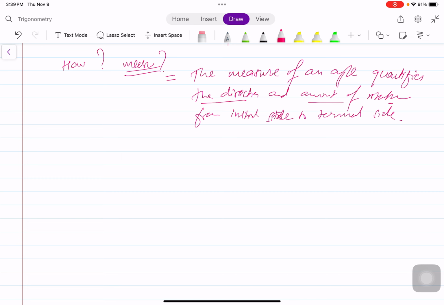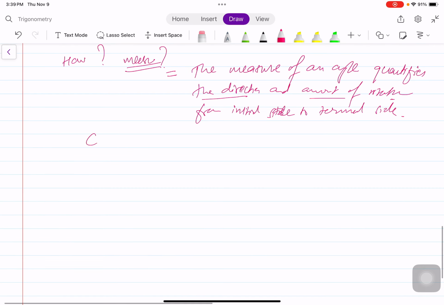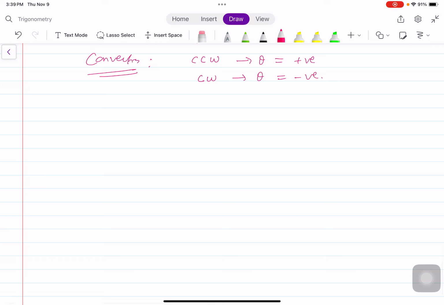Now some conventions. If you are moving in the counterclockwise direction, the angle is always taken as a positive value. When you are moving in the clockwise direction, it is always taken to be negative. Now there are different ways of measuring angles.